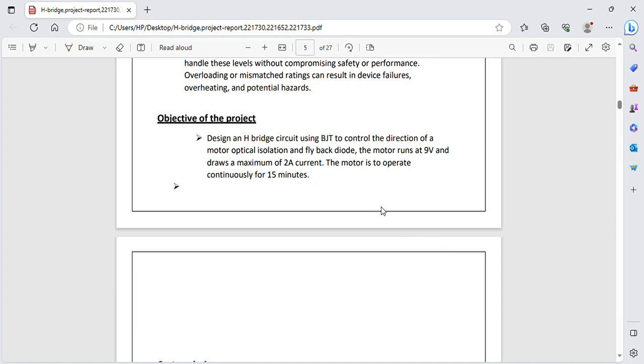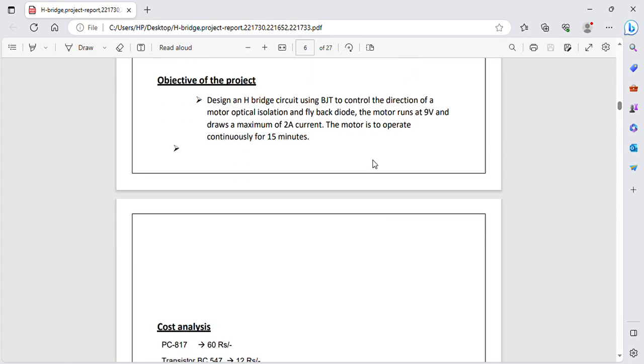Here we have the objective of the project. The objective of the project is to design an H-bridge using BJTs or FETs to control the direction of a motor, using optical isolation and flyback diodes, use a 9-volt battery, a 9-volt source, and draw a maximum of 2 amperes of current.